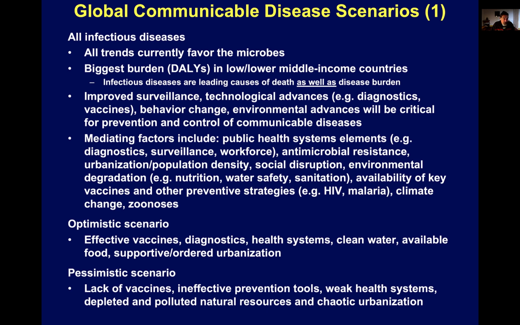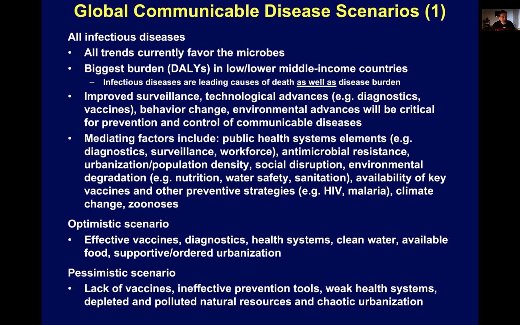A colleague of mine from CDC liked to say that in the battle between humans and microbes, all trends currently favor the microbes. They've been around a lot longer than we have, and they probably will be around a lot longer than we are going forward. And so that's sort of setting the stage for thinking about the longer term scenarios.